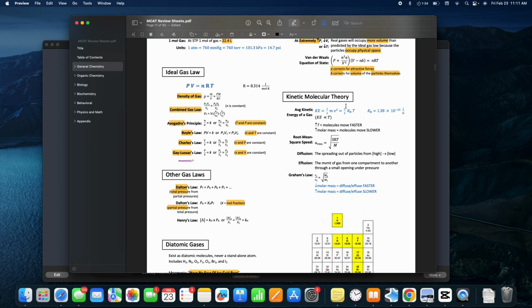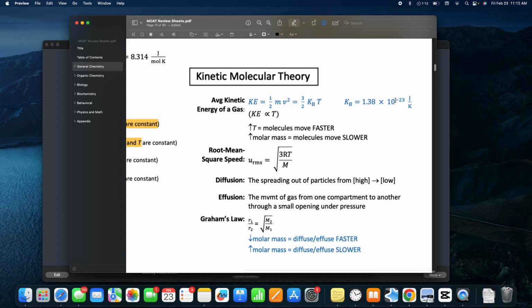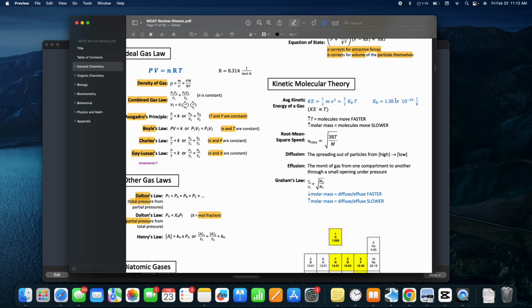Now we have kinetic molecular theory, the average kinetic energy of a gas. So half of mv squared, 3 over 2 kBT equals that. kB is 1.38 times 10 to the negative 23, and the units are joules over Kelvin.